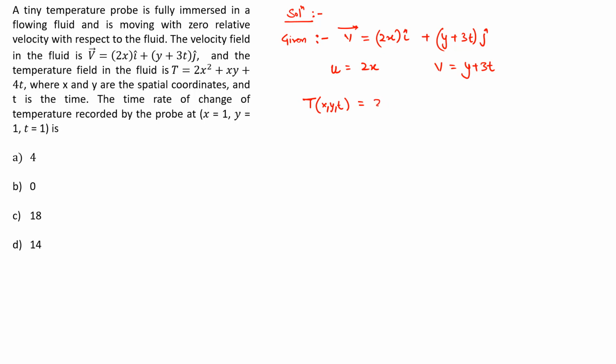And this is given as 2x squared plus xy plus 4t. Now we need to calculate the time rate of change of temperature. So from the last slide, we know that that is the material derivative of temperature and is given by this formula, the local term and the advective term.